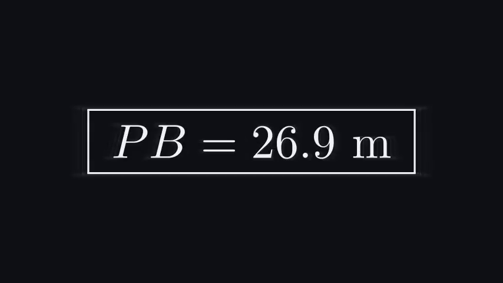This gives PB equals 26.928 meters. Correct to three significant figures, the horizontal distance from P to the longer pole is 26.9 meters. Therefore, the horizontal distance from P to the longer pole is 26.9 meters.